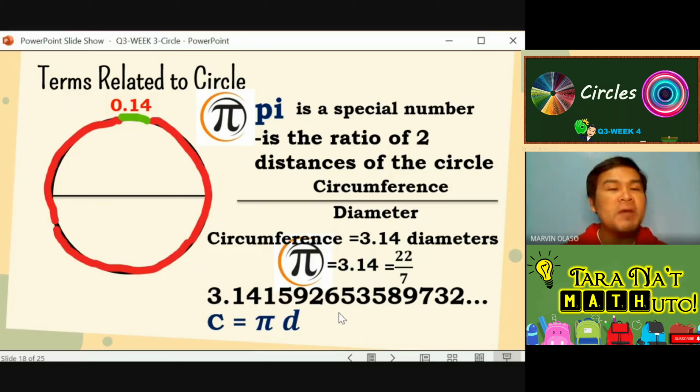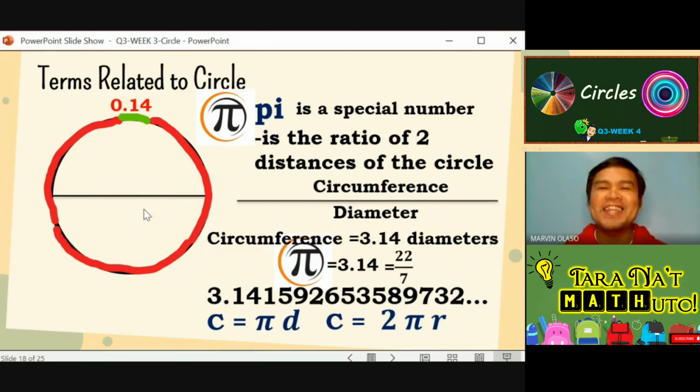Or kung ang given naman ay radius, pwede natin gamitin ang formula na C equals 2 pi r or 2 times the value of pi na 3.14 times the radius. Okay? So yan ang formula ng pagkuha ng circumference. Huwag kayong mag-alala, mapupuntahan natin yan sa ating lesson kung paano ang pag-compute ng circumference.